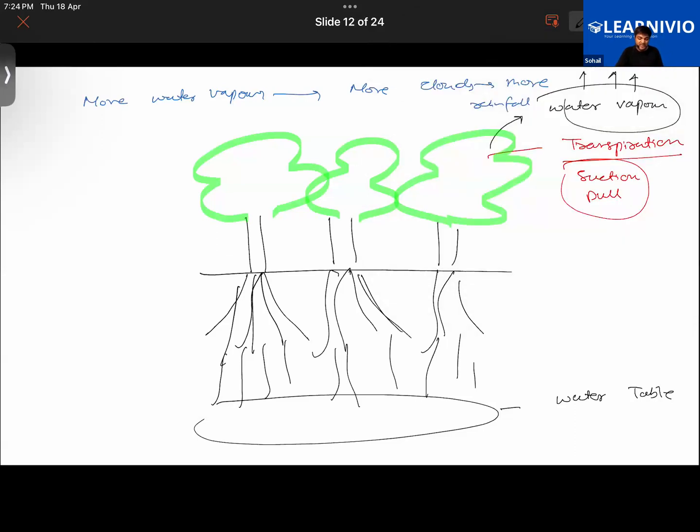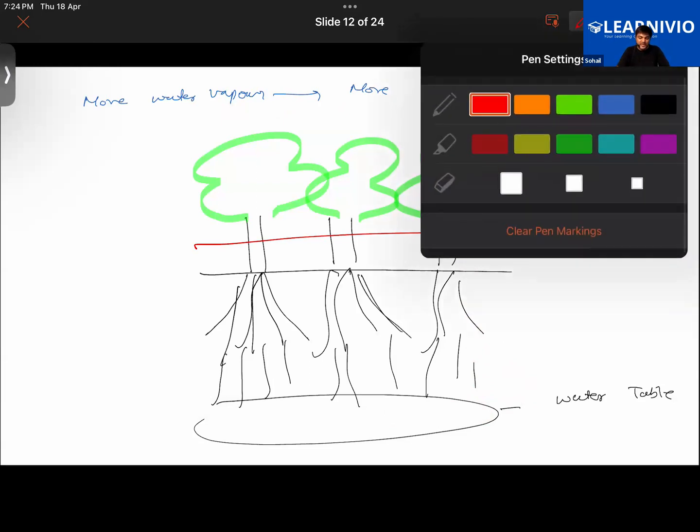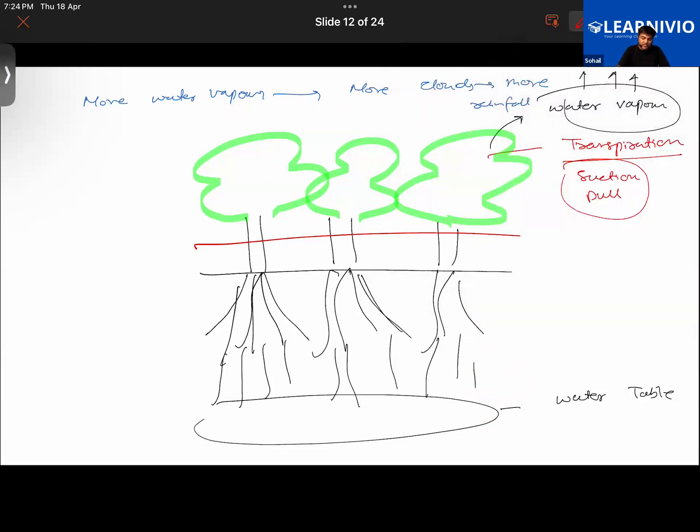So in a simple manner, we have understood why plants are necessary. More plants mean that the level of groundwater will be maintained, and that will ultimately lead to more evaporation, that is transpiration here. So more water vapor means formation of more clouds and hence more rainfall. But deforestation will affect this. If you were to cut down all these trees, deforestation will lead to a decrease in rainfall. Not just a decrease in rainfall, the roots will die.